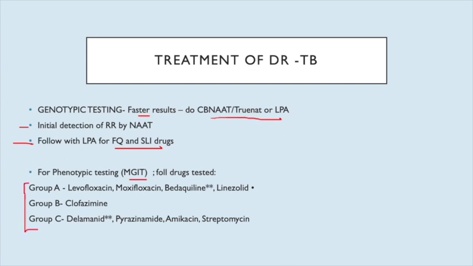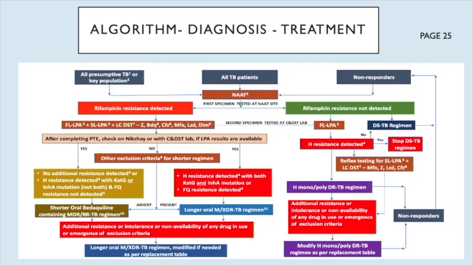So amongst group A, culture will give us results for levofloxacin, moxifloxacin, bedaquiline, as I said, in some centers, and linezolid. For group B, clofazimine is being added, and in group C, delamanid is being increasingly added, and we can get results for pyrazinamide and aminoglycosides. So this is a very important algorithm of diagnosis and treatment.